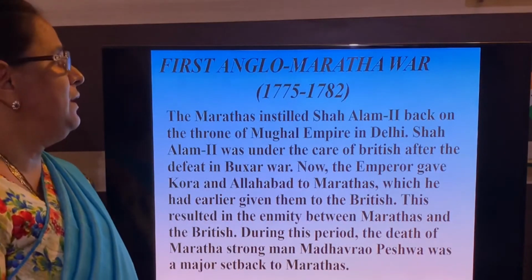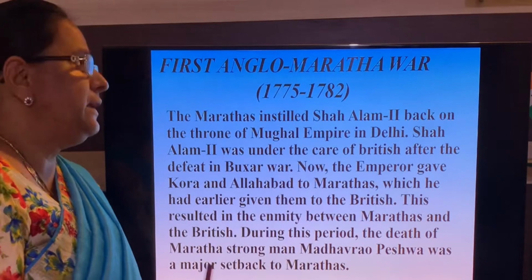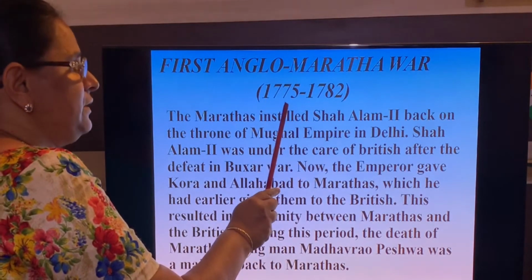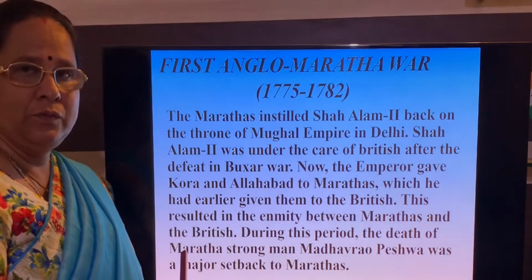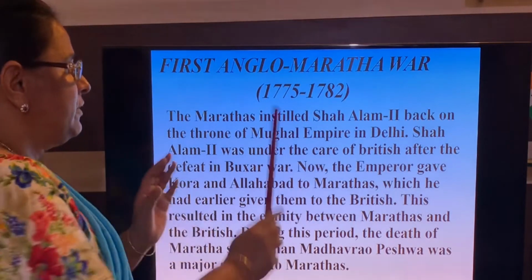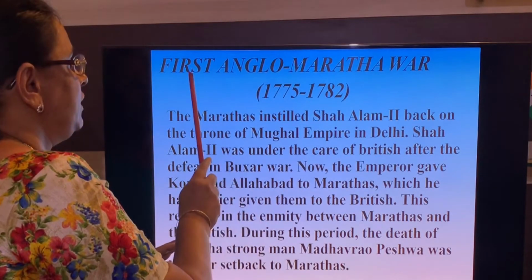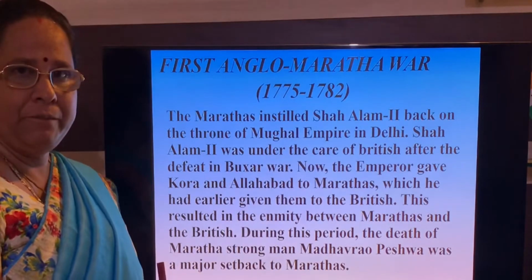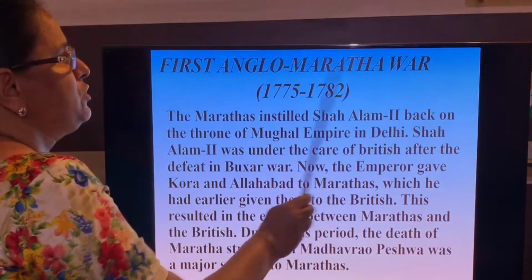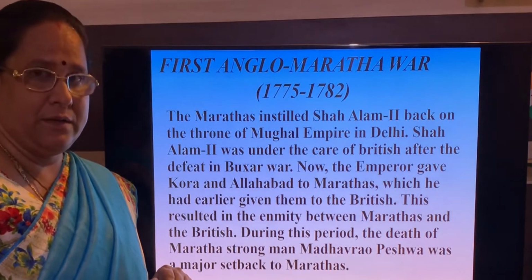So first we will learn about the first Anglo-Maratha War, which took place in the year 1775 to 1782. So remember, from 1775 to 1782, we are talking about the first Anglo-Maratha War. Shah Alam II was the Mughal emperor.